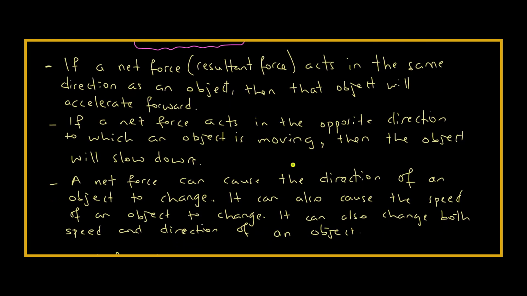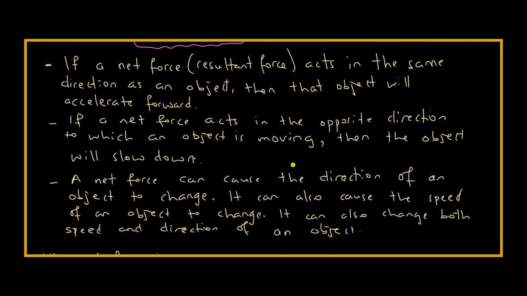Now, we have some different situations here. If a net force, or resultant force, acts in the same direction as the motion of the object, then we expect the object to accelerate forward. It's going to speed up, it's going to increase its speed.